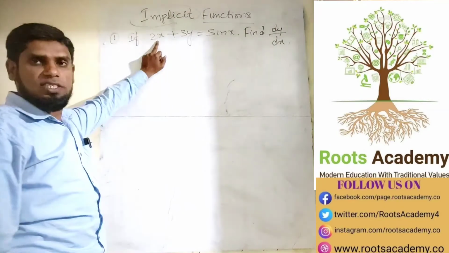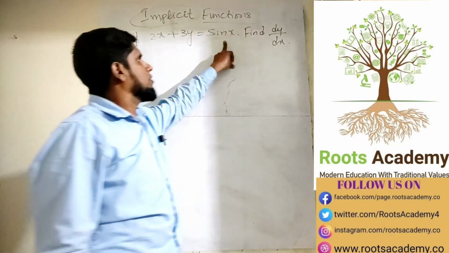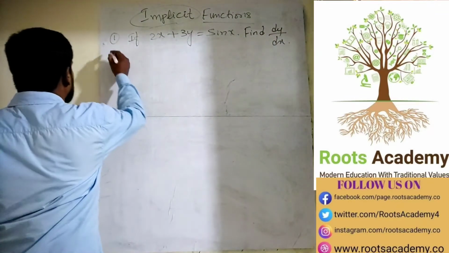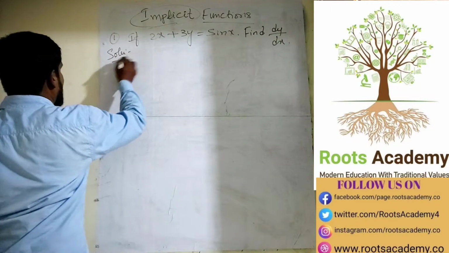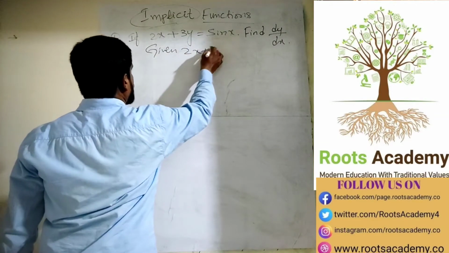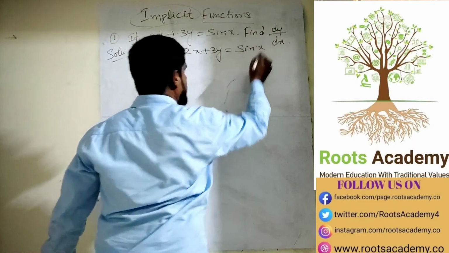If the function is 2x plus 3y is equal to sin x, we should find dy by dx. Solution. Given 2x plus 3y is equal to sin x.